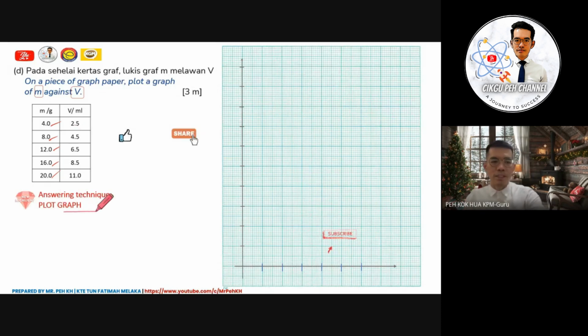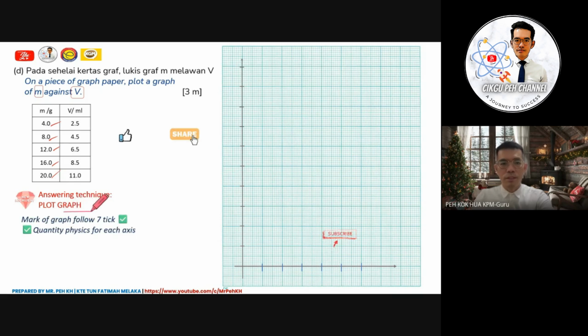Okay, so for the answering technique for plotting the graph, just like I mentioned to you, we will highlight 7 ticks and 6 criteria. The first is quantity physics for both axes, so X and Y. You must give symbol M for the Y axis and V for the X axis.